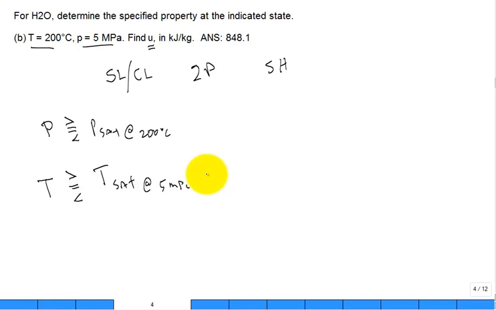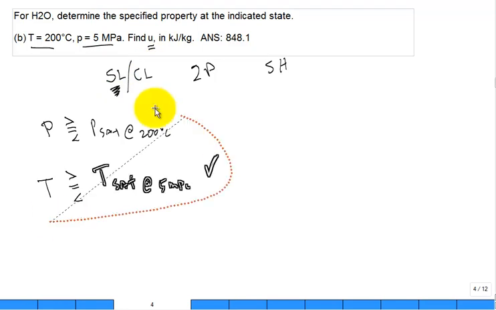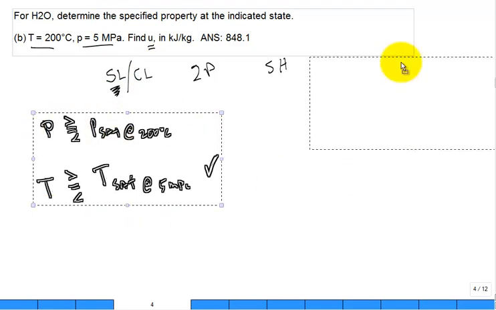A lot of times I think people find it easier to look at temperatures, because you would typically say, oh, it's a subcooled liquid, it's a lower temperature. So maybe I should have left some room. Let me get this out of the way and put this over here.